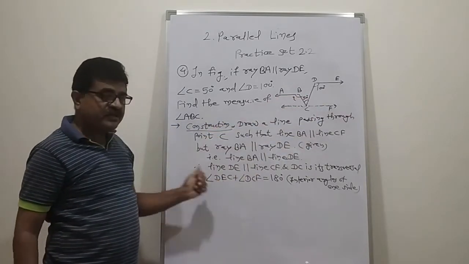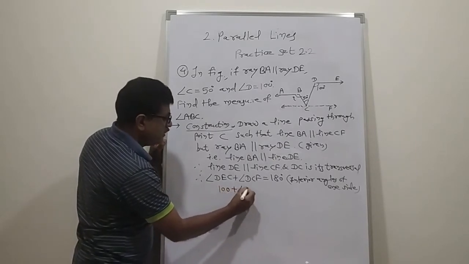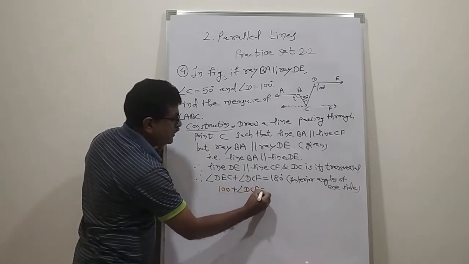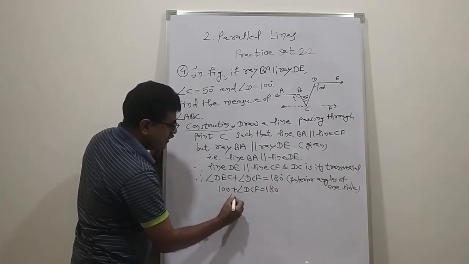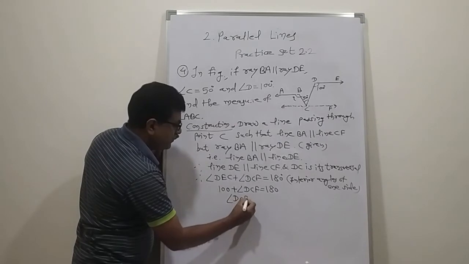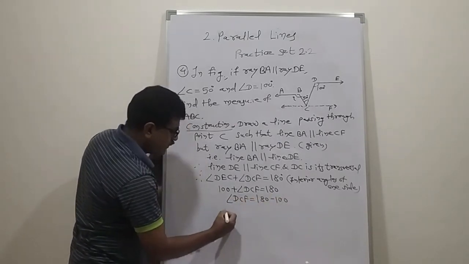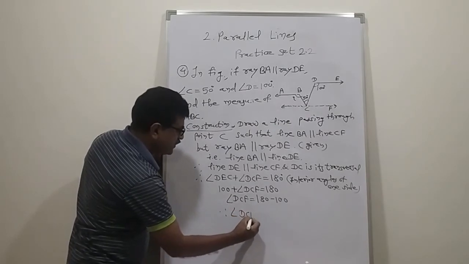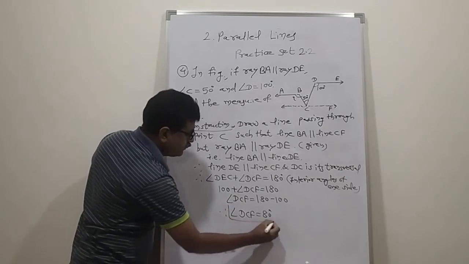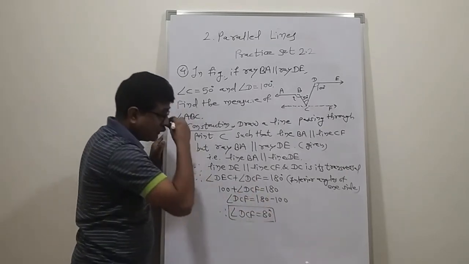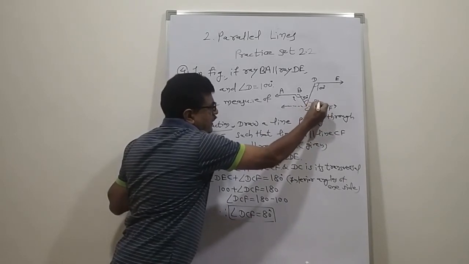Put the value: 100 plus angle DCF is equal to 180. Therefore, angle DCF is equal to 180 minus 100. Therefore, angle DCF is equal to 80 degrees.